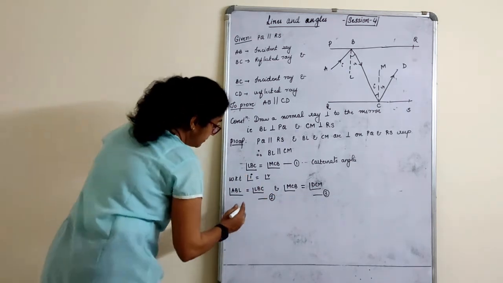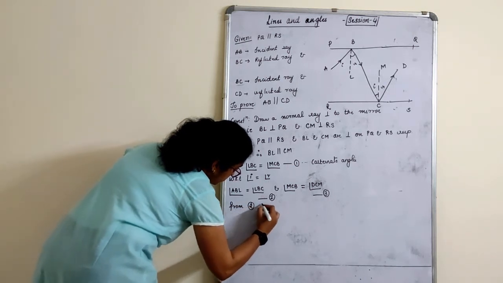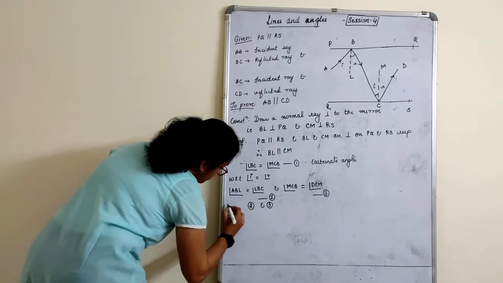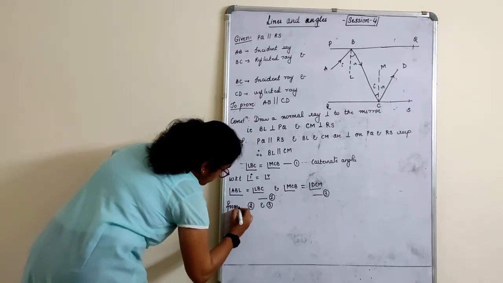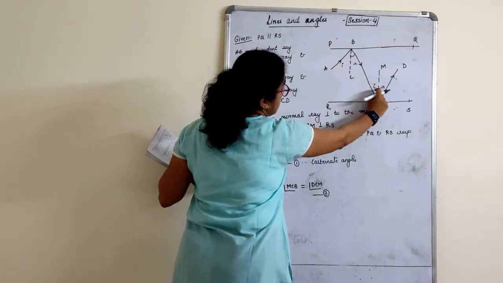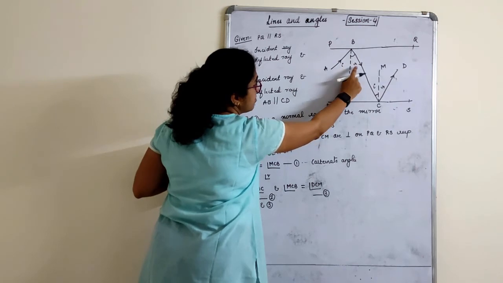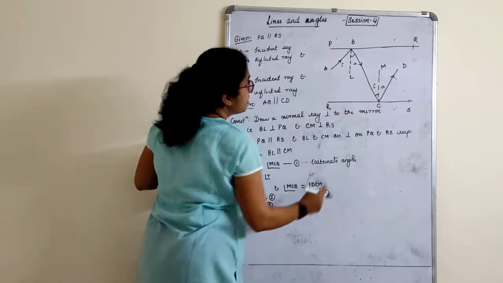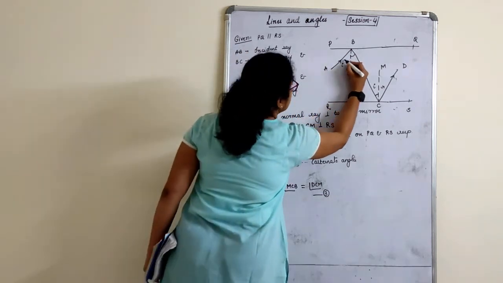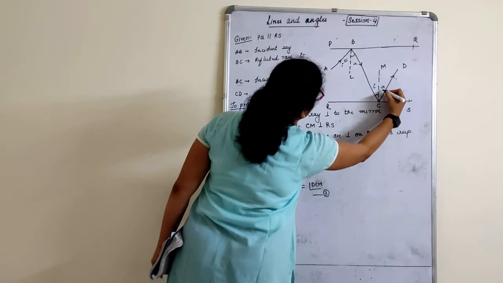From equations 1, 2 and 3, see here, angle R is equal to angle I. That means alternate angles. But angle I is also equal to R. Now from that we can tell this angle is equal to this angle.